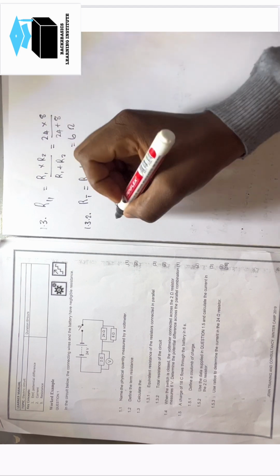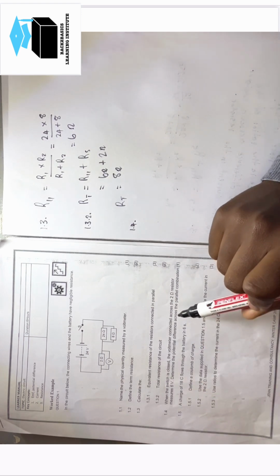So the totality of this circuit in terms of resistance is 8 ohms.